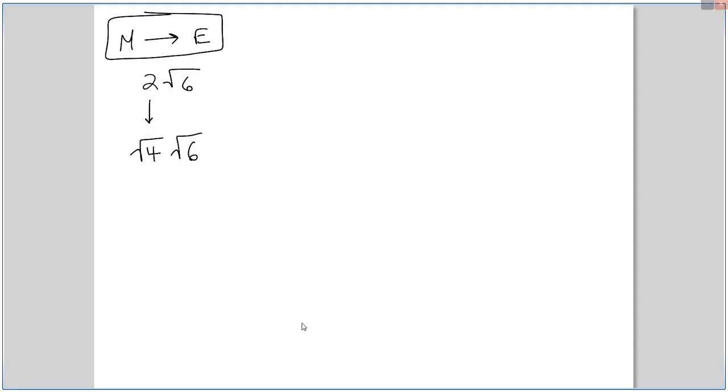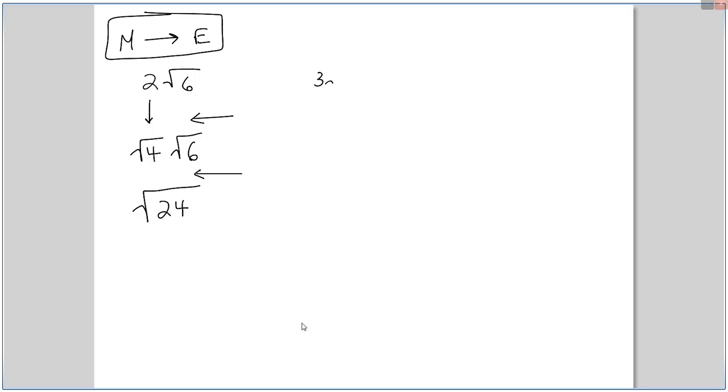Is 2 the same thing as square root 4? Mm-hmm. Now what do I do with the 4 and 6? Smush them. I'm skipping a step in here, and I'm skipping a step in here. But if you know your times tables, this should all make sense. If you don't know your times tables, then maybe you need to bring a little chart with you to class.